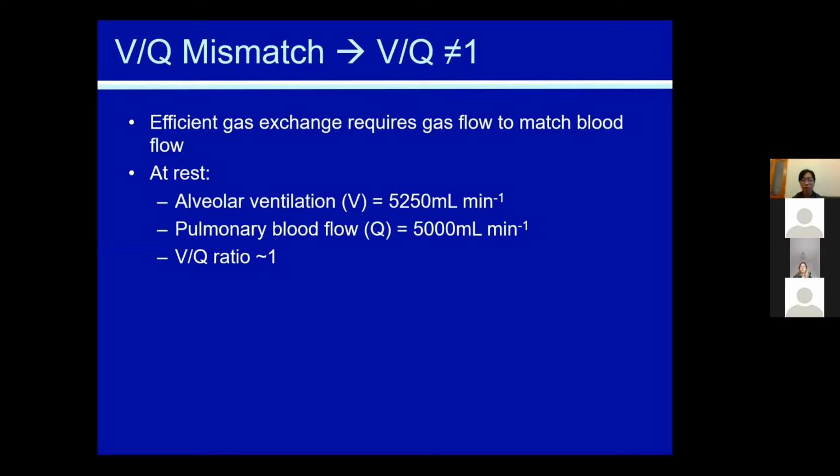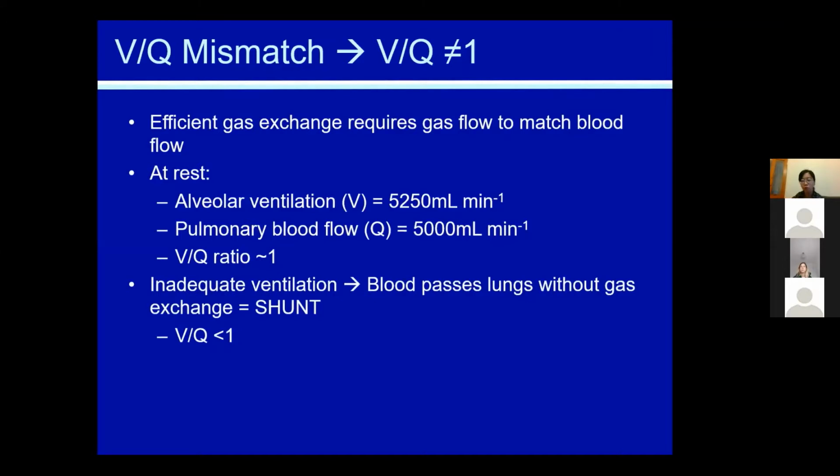However, there are areas throughout the lung where that isn't perfectly matched, and that's when we get VQ mismatch. In areas of lung where we don't have enough ventilation, so you get blood but you don't get gas passing next to it, that's what we call shunt, and I'll go through this again in a bit. i.e. V is less than Q, so your VQ ratio is less than 1.